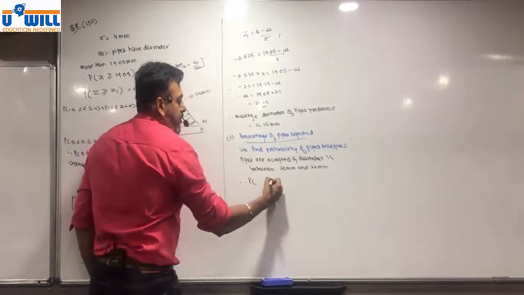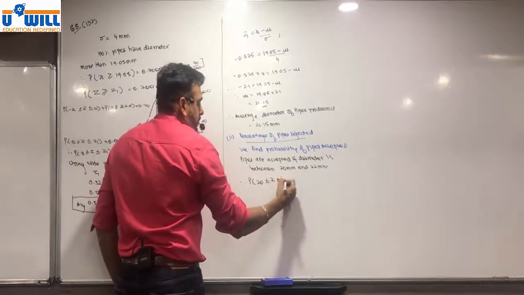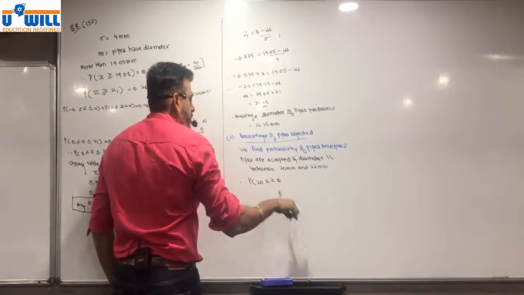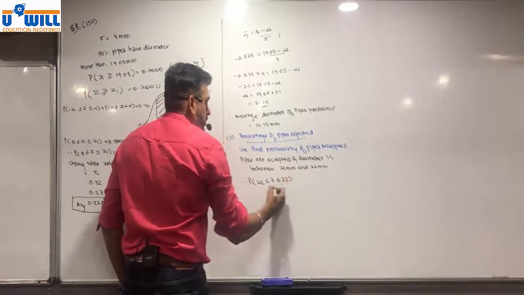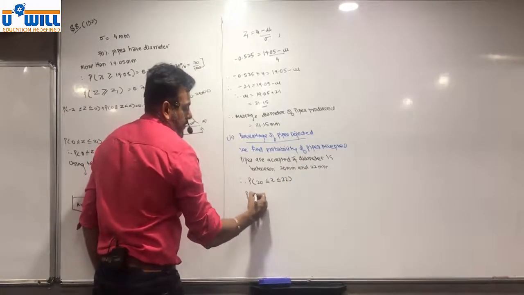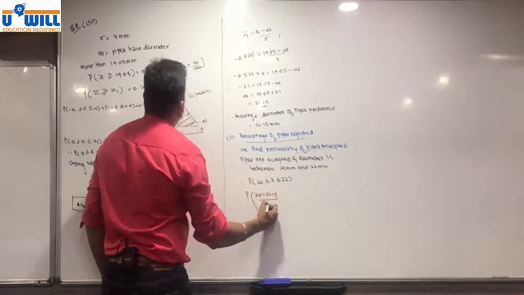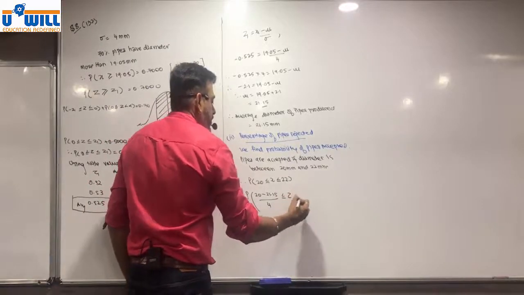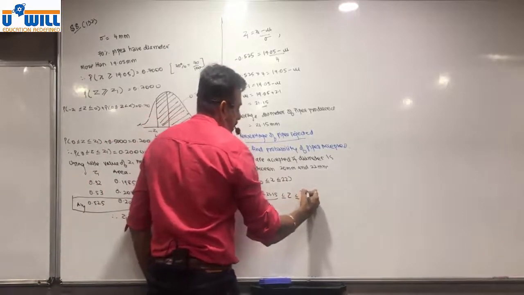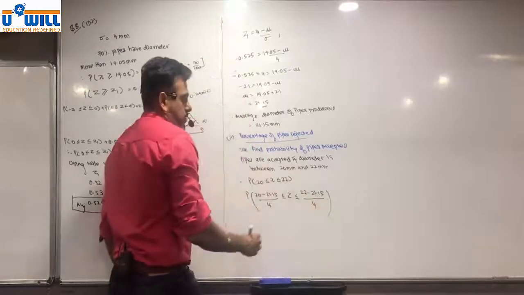Therefore, probability of x greater than or equal to 20 and less than or equal to 22. Probability of Z between 20 minus mu, which is 21.15, upon sigma, which is 4, and 22 minus 21.15 upon 4.